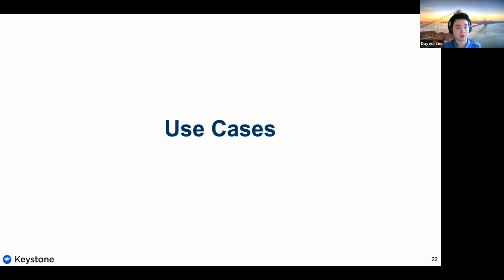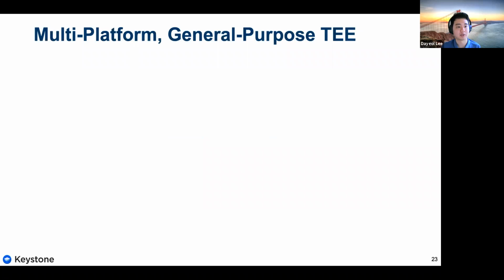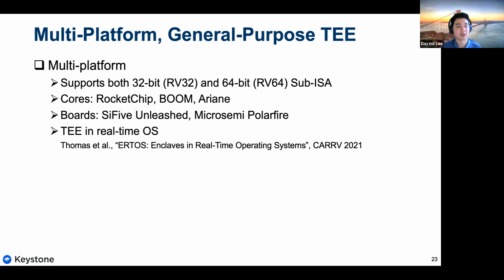So now I'm going to talk about some use cases for using Keystone and what the possible use cases are as well. We've been working hard to make Keystone a multi-platform and general purpose TEE. Thanks to that, we were able to support many different hardware configurations.